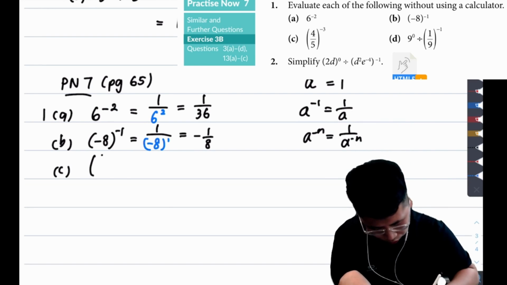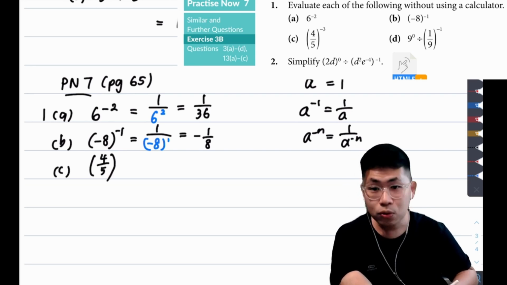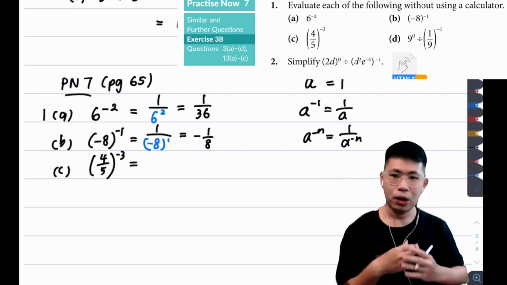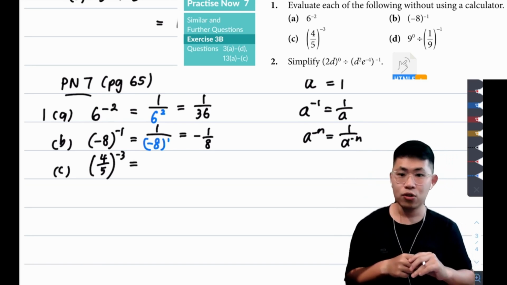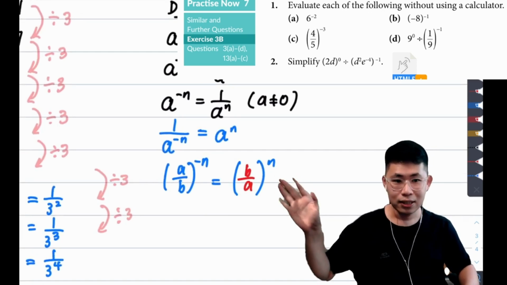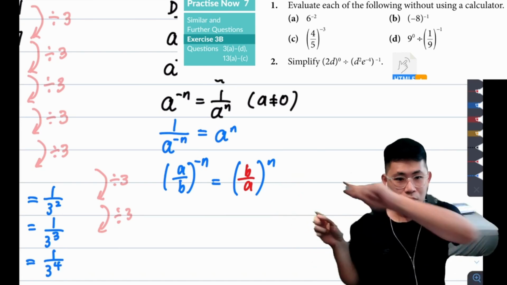C, 4 over 5 to the power of negative 3. So what we are doing over here is we will make use of our special result earlier, the one above. When we have a fraction, what do we do with it?